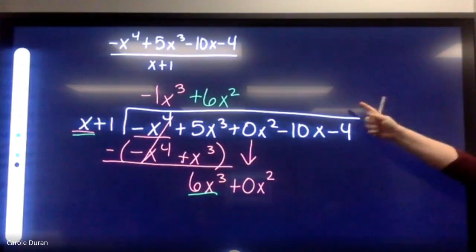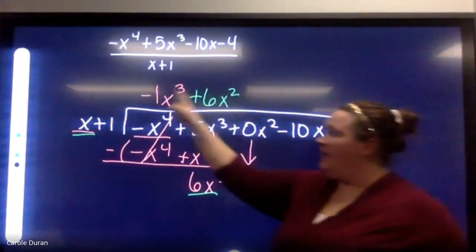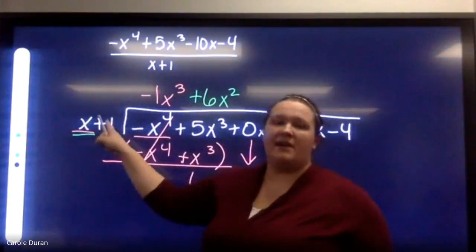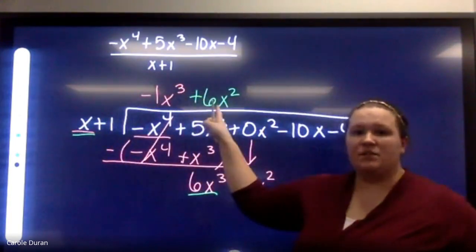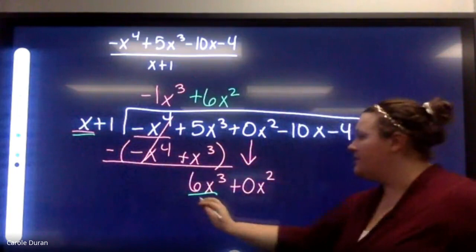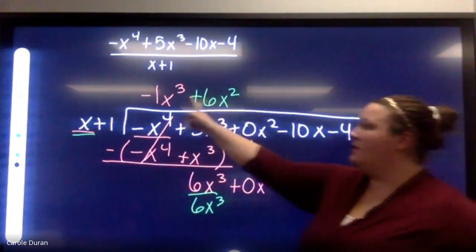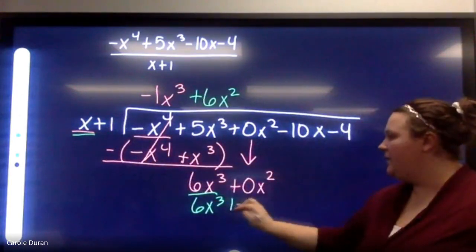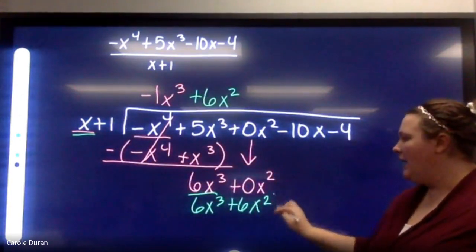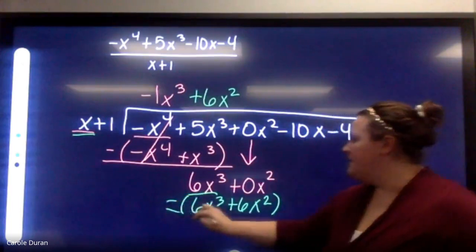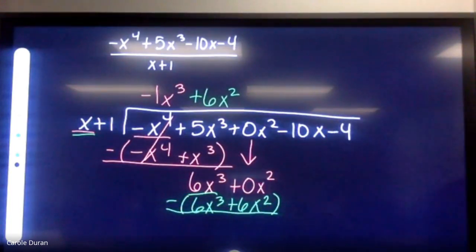So then I take that 6x squared and I multiply it into both terms in my divisor. 6x squared times x is 6x cubed. 6x squared times 1 is 6x squared. I put it in parentheses and I subtract it from the 2 terms above.